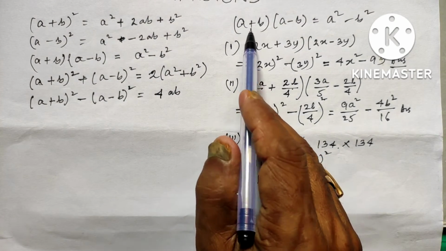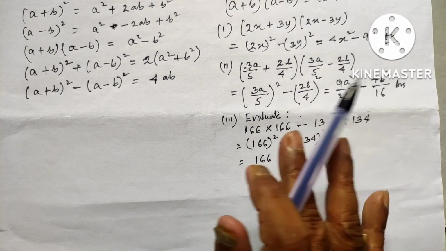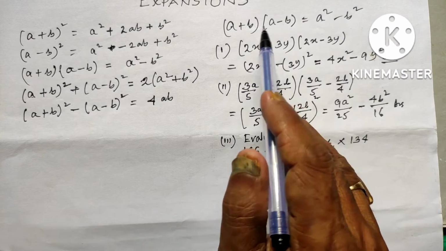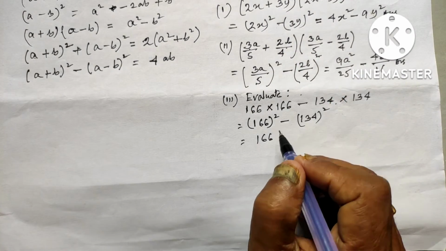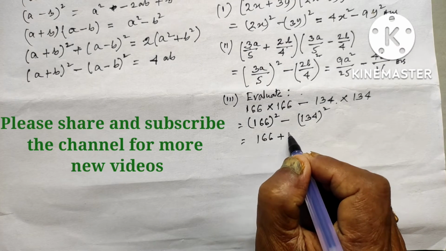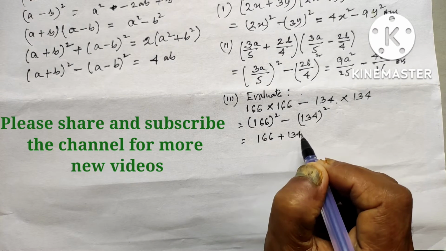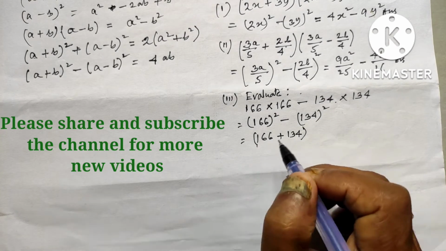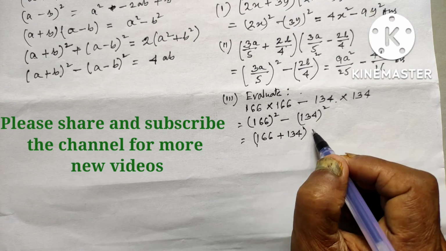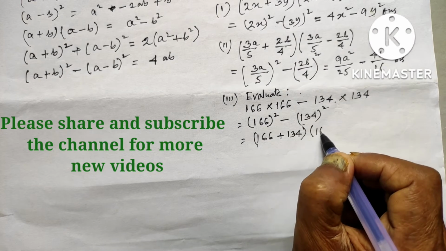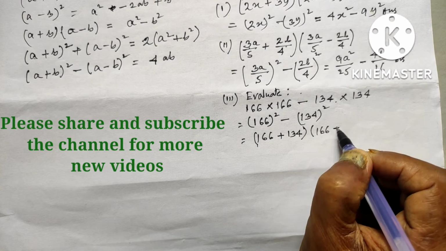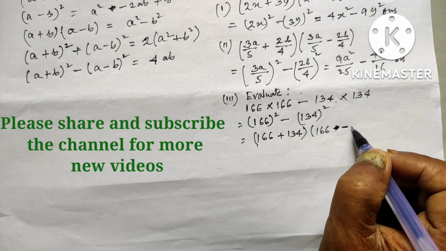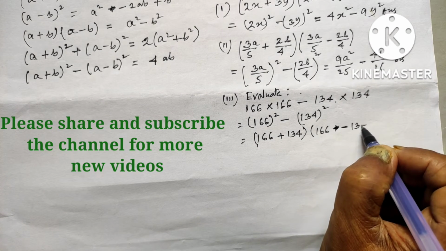Now you are using 166 plus 134, this is one part, and 166 minus 134, absolutely minus.